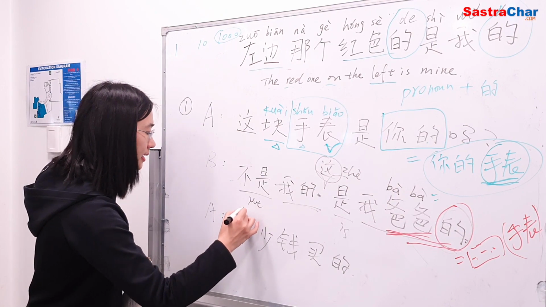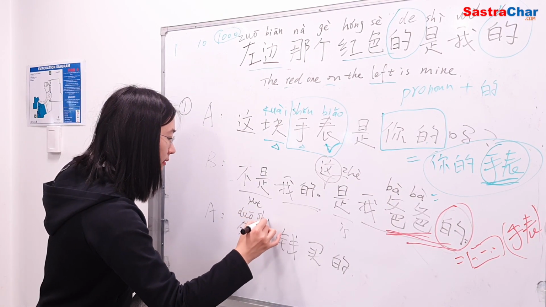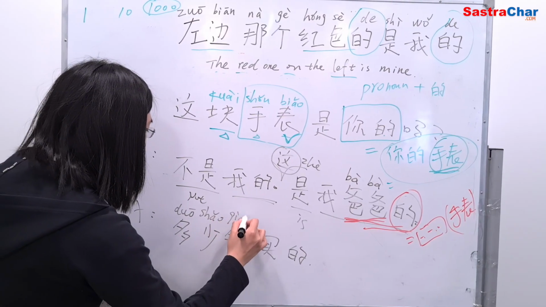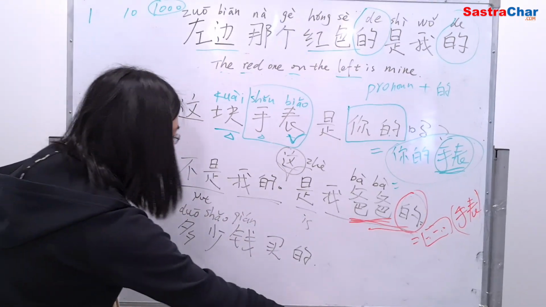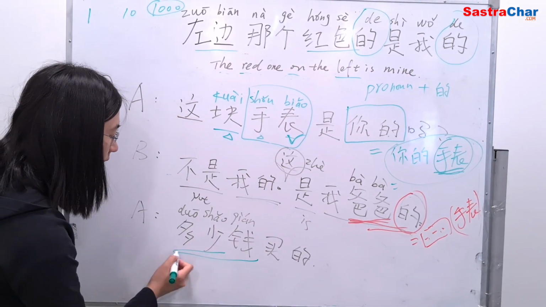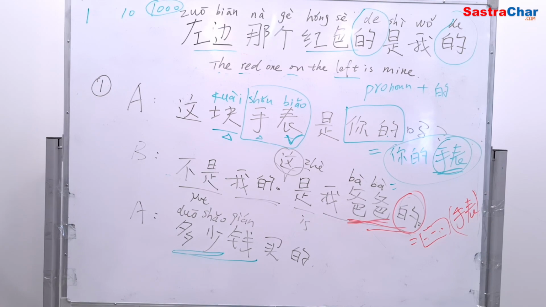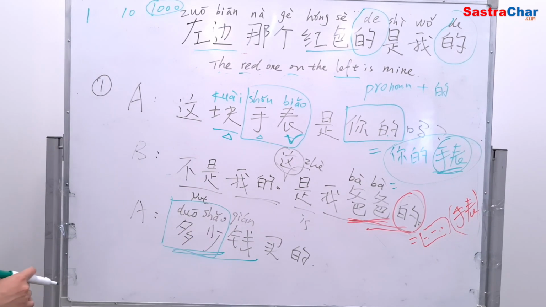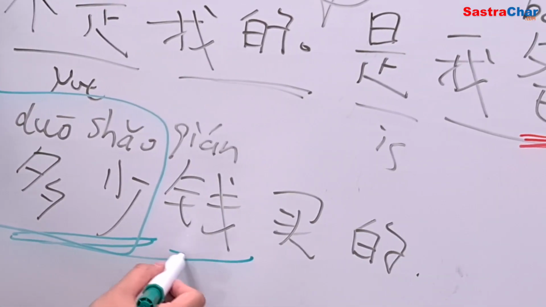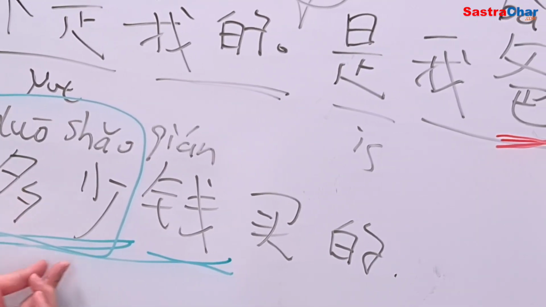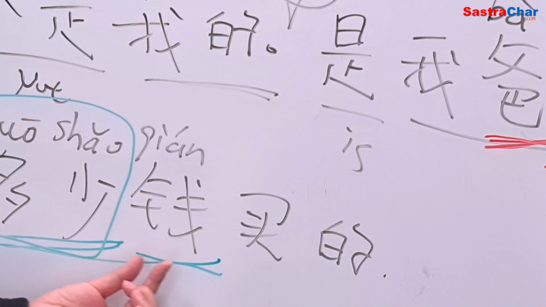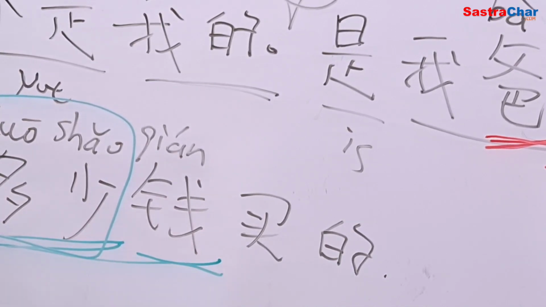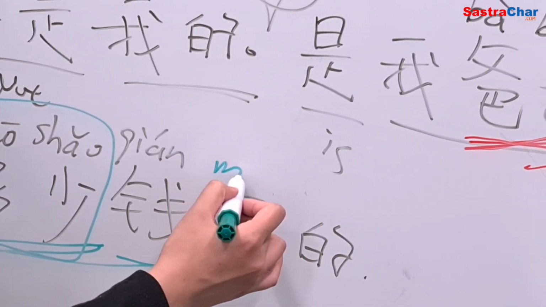Okay, 多少钱 means how much, right? Remember, 多少 is used to ask the amount, and 钱 is money. So how much is the money? And buy it, 买.